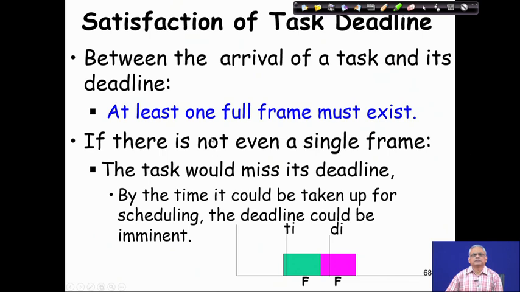Now, let us see why there must be at least one full frame between the arrival of a task instance, that is a job, and its deadline. Let us take this instance. Let us say we have this task instance I arrives here just after the frame starts.